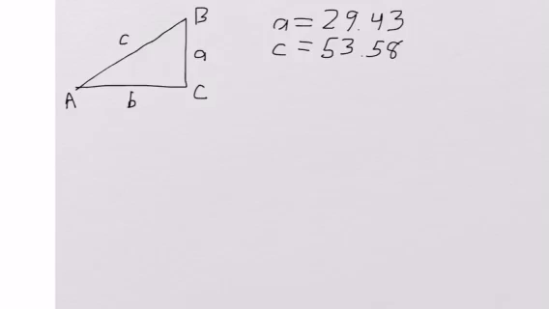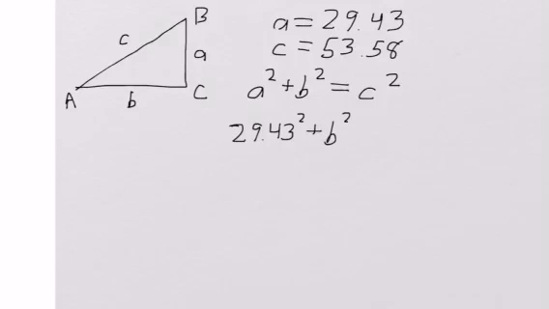Now, the easiest thing to see immediately with solving this triangle is we know the Pythagorean theorem tells us that a squared plus b squared is equal to c squared. And I know what a and c are. So I have 29.43 squared plus b squared is equal to 53.58 squared.